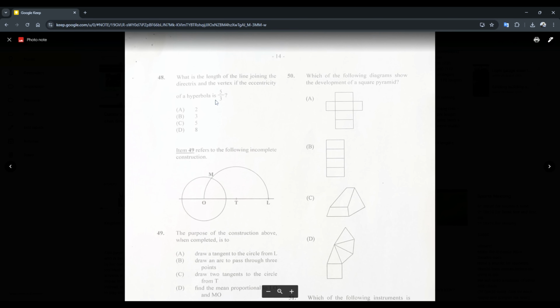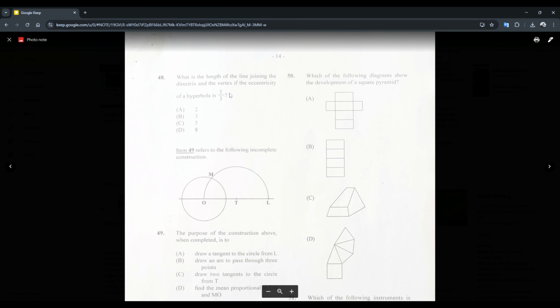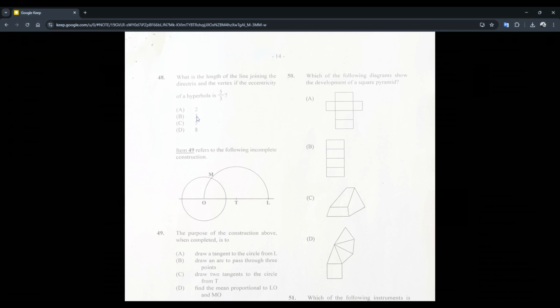So we know that the eccentricity is 5/3, but we do not know what the distance from the center of the hyperbola to the vertex is, right? So you could call that A. So basically, if we invert this, the answer we're looking for is 3/5 of A, but we don't know what A is, right?